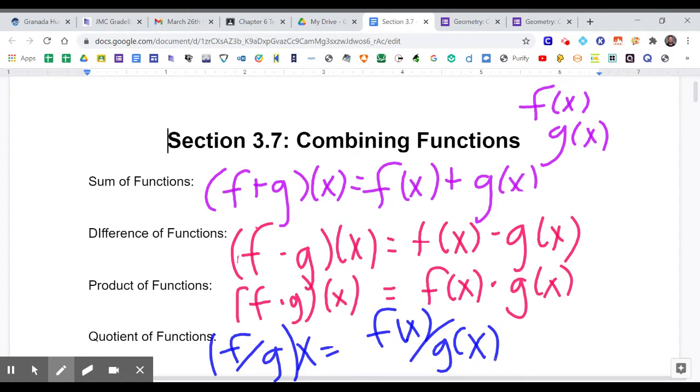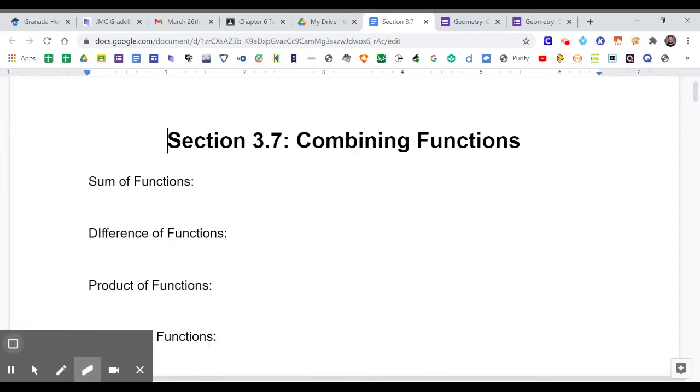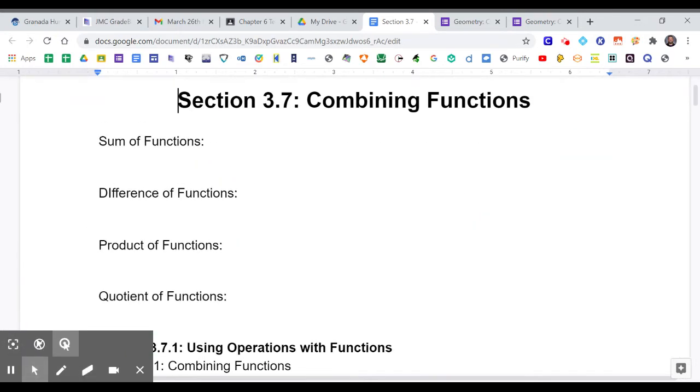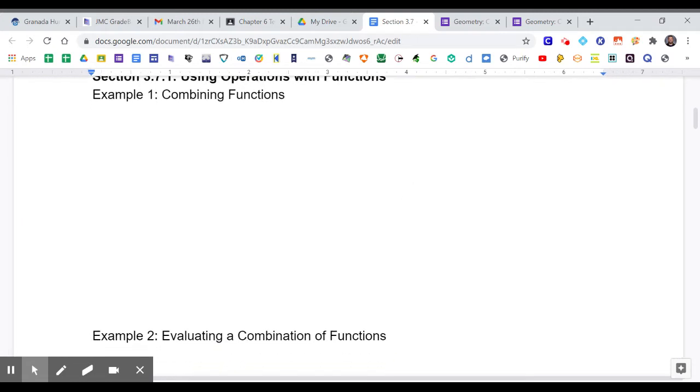Let's look at a couple examples now. Let's look at two different specific functions. We're going to say p of x equals negative 2x, and r of x is the function x plus 4.